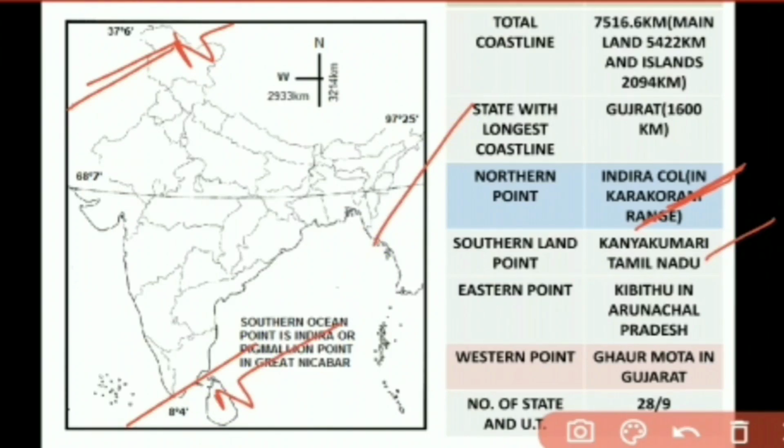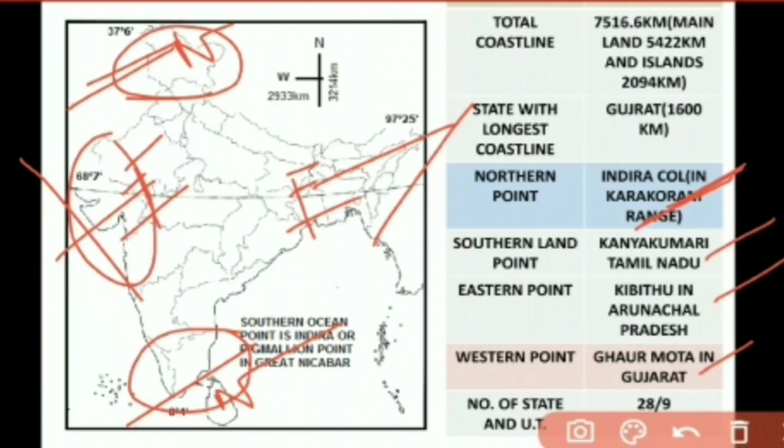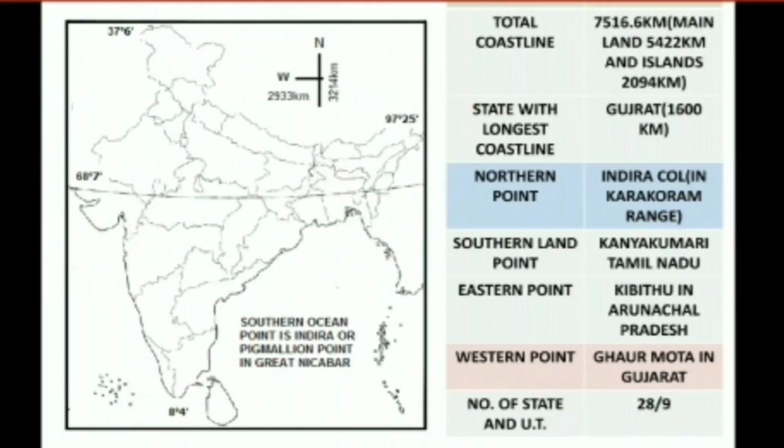The eastern part, that is 97 degree 25 minute east, the point is Kibithu, Arunachal Pradesh. And the westernmost part, that is 68 degree 7 minute east, the point is Gohormota, which is situated in Gujarat. So the northernmost state is Jammu Kashmir, southernmost Tamil Nadu, westernmost Gujarat, and easternmost state of India is Arunachal Pradesh.